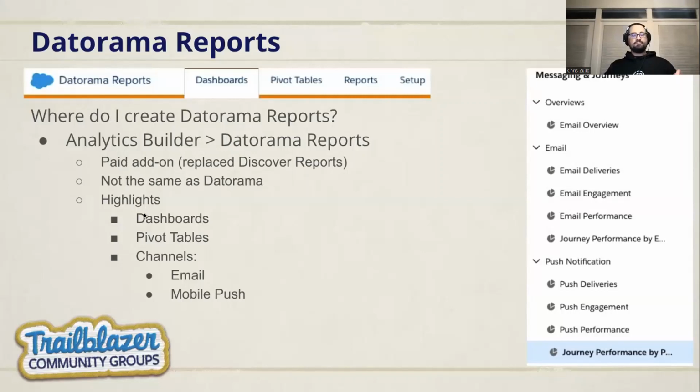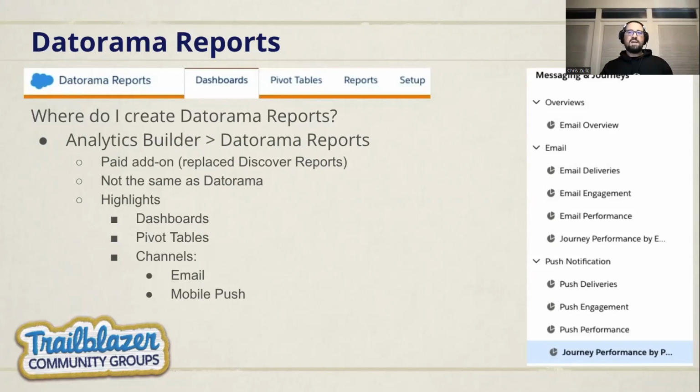And so again, the emphasis here is simplicity, ease of use, clicks, not code. It's meant to be an empowering tool to allow marketers to quickly analyze by the most common and relevant data points that you would be wanting to analyze within Marketing Cloud. You can see dashboards, you can create pivot tables, and currently the main options from a channel perspective are email and mobile push.